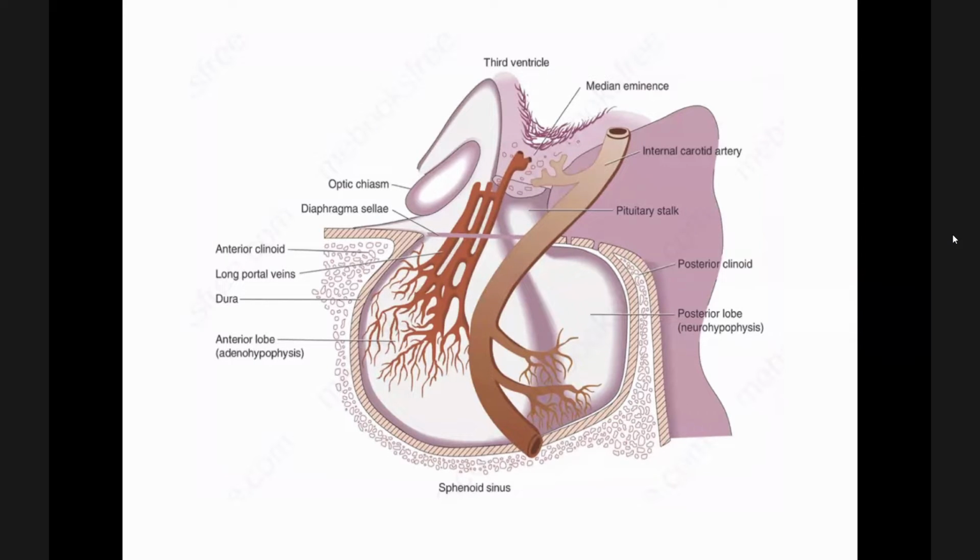Within the sella turcica, there is the anterior lobe and the posterior lobe of the pituitary gland. And just above it, there is the optic chiasma and the diaphragma sellae, which is part of the dura mater, which covers the pituitary in the sella turcica and prevents cerebrospinal fluid from coming down.